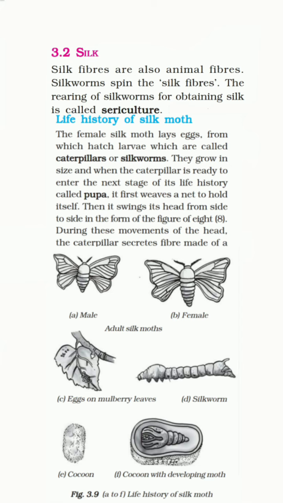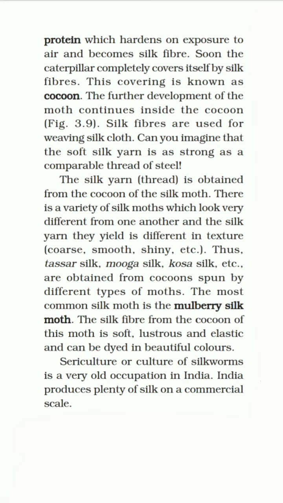During these movements of the head, the caterpillar secretes fiber made of protein, which hardens on exposure to air and becomes silk fiber. Soon the caterpillar completely covers itself with silk fibers. This covering is known as cocoon. The further development of the moth continues inside the cocoon.